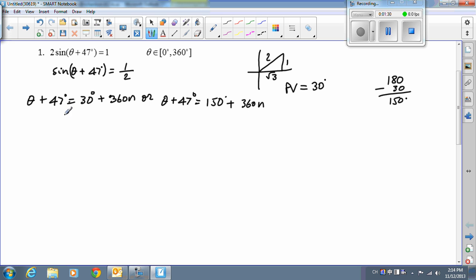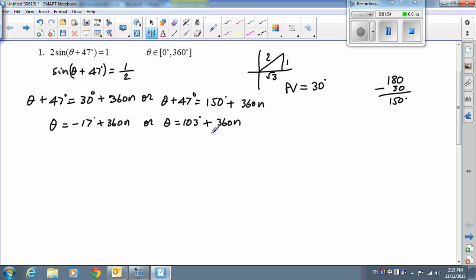You will solve this separately by subtracting 47 on both sides. You will have theta equal to 30 minus 47, which is negative 17 degrees plus 360n, or theta equal to 150 minus 47, which is 103 degrees plus 360n.